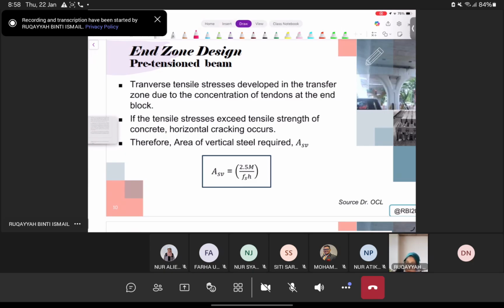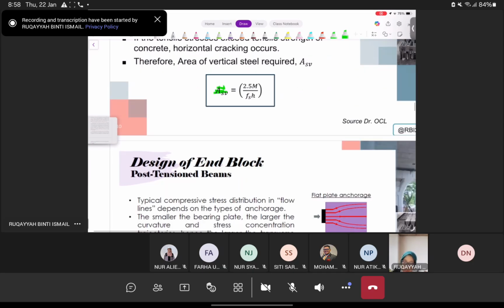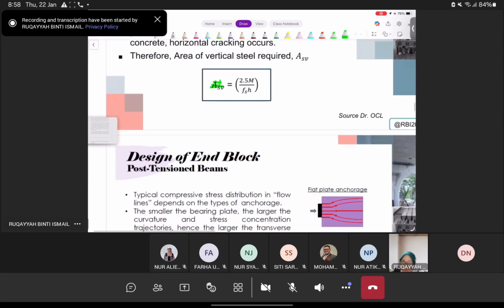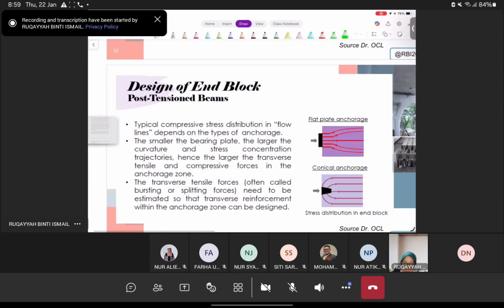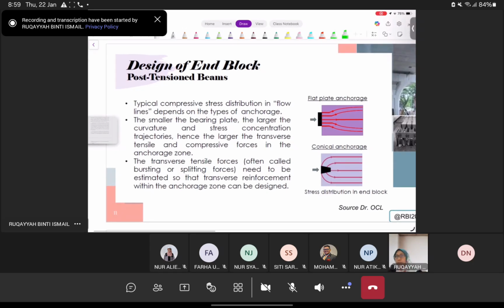Therefore, when we want to provide our shear reinforcement, our ASV, we can take this formulation into consideration to calculate how much area of reinforcement we need to provide to tackle the end block condition. Okay, so you can take 2.5 multiplied by moment divided by fs, strength of steel, multiplied by height of the beam. So that is for pretension.